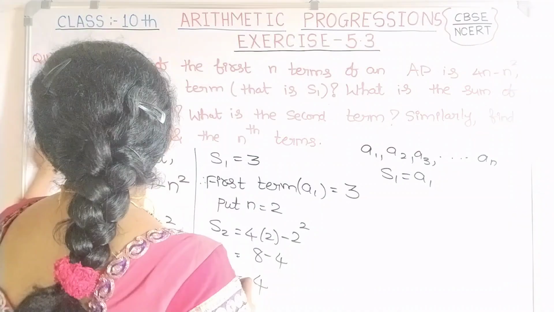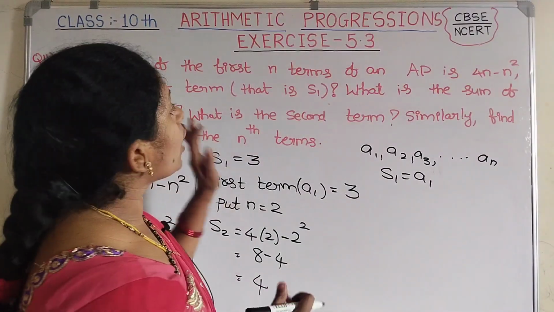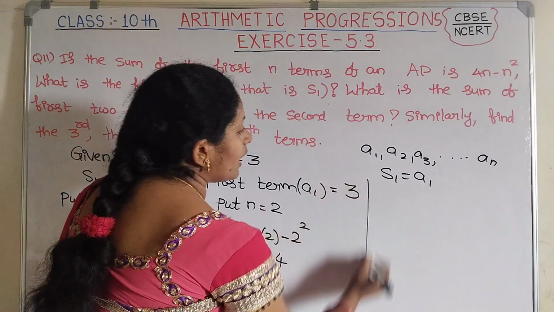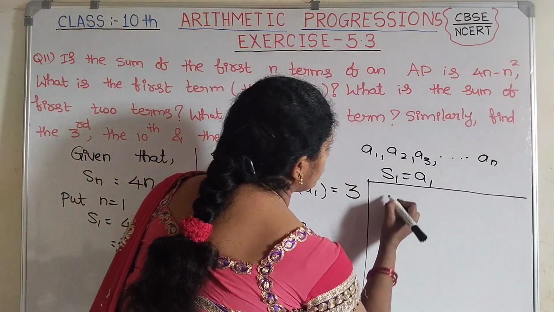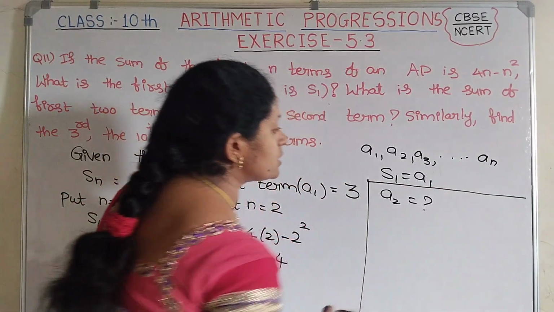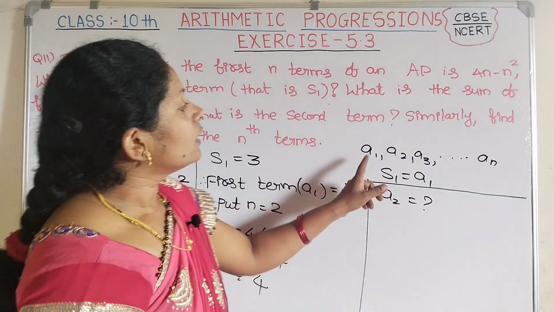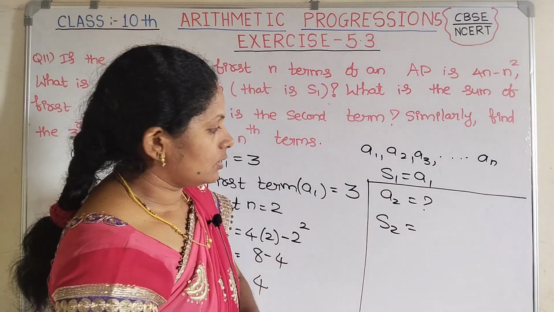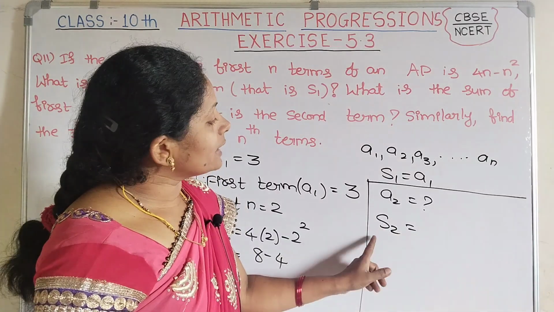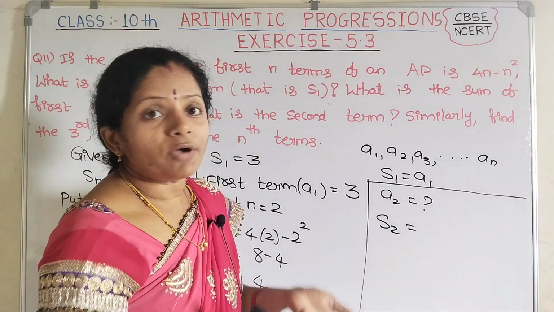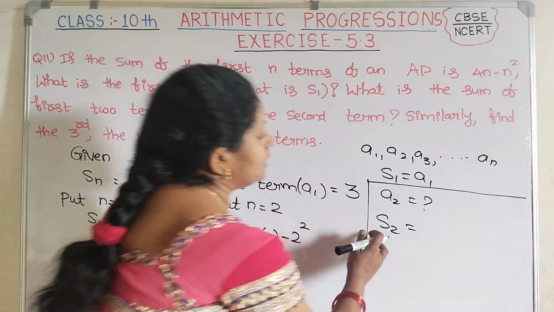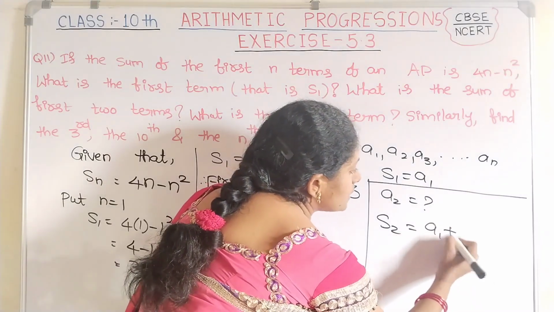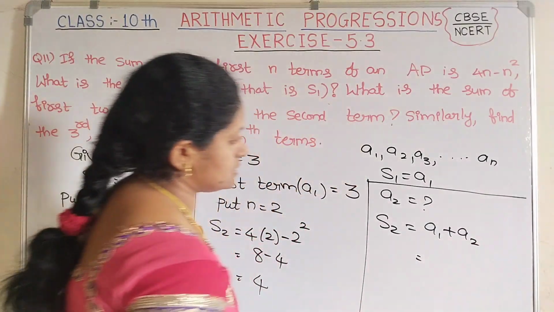We got the sum of the first two terms. What is the second term? Means we have to find out A2. How can we get A2 if S2 is given to us? S2 means what? The sum of first and the second term. Can I write A1 plus A2 here? Yes.